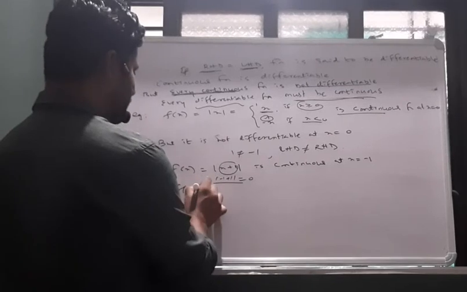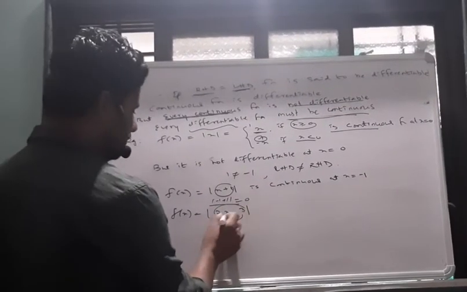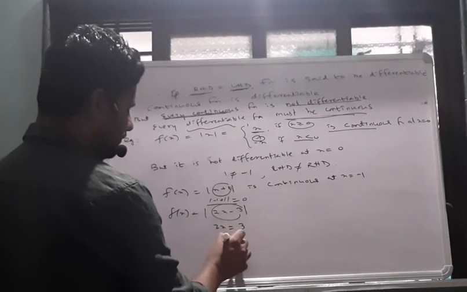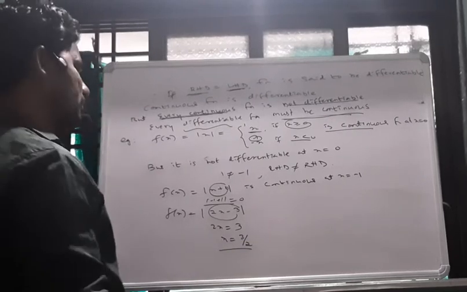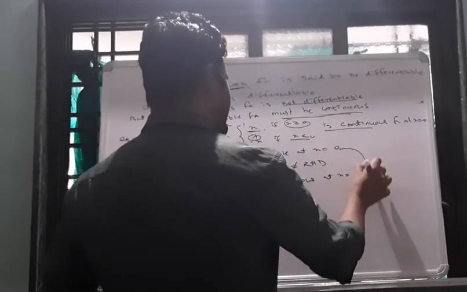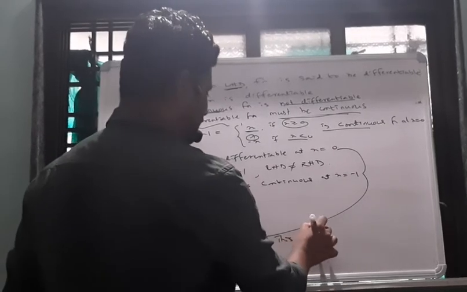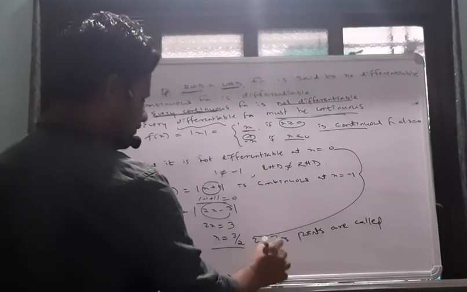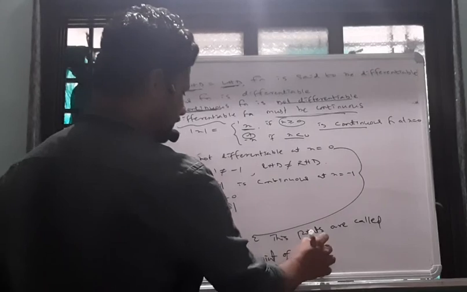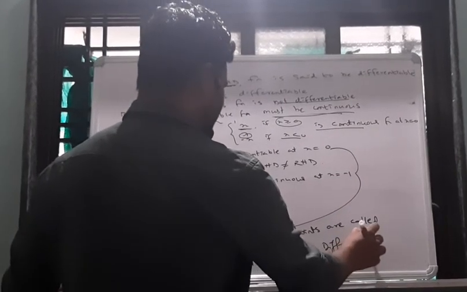Similarly, f of x equal to mod of 2x minus 3. It will be 0 when 2x is equal to 3, x equal to 3 by 2. So it is not differentiable at x equal to 3 by 2. So these points are called points of non-differentiability.